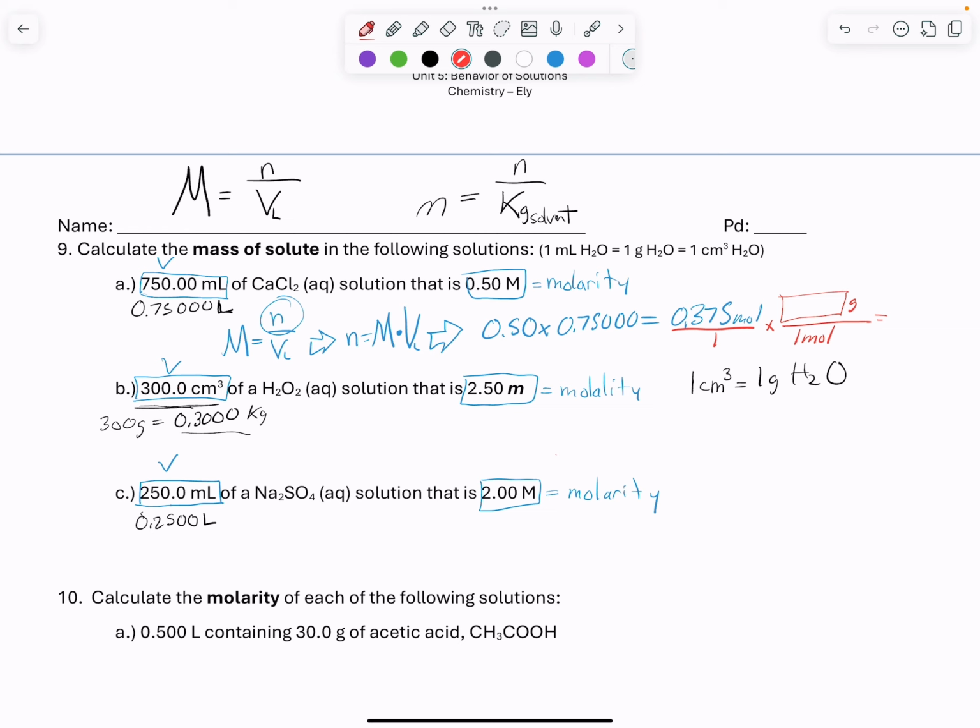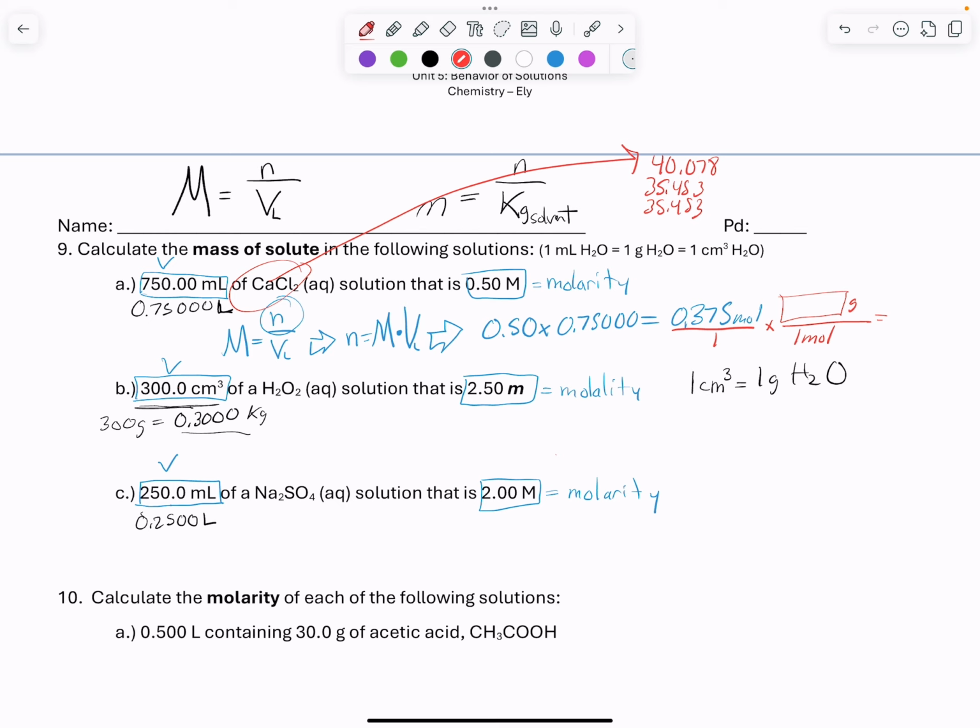So if I look at my periodic table, for the substance here, calcium is 40.078. Chlorine's 2 of those guys, so 35.453 twice, plus 40.078.